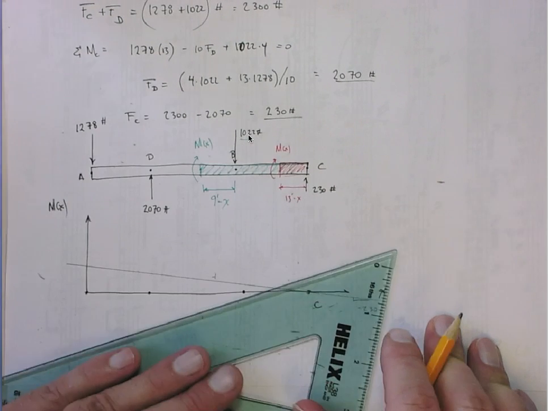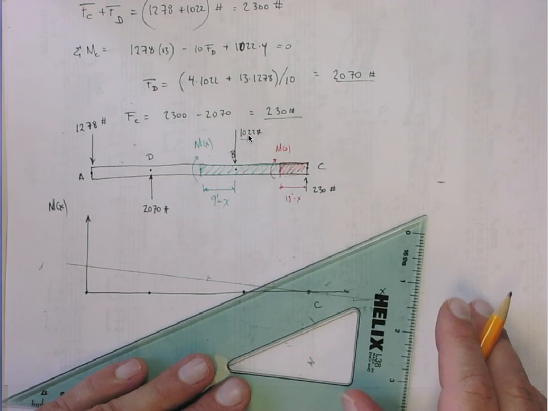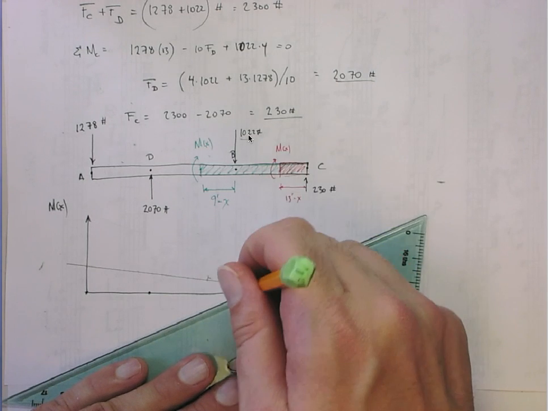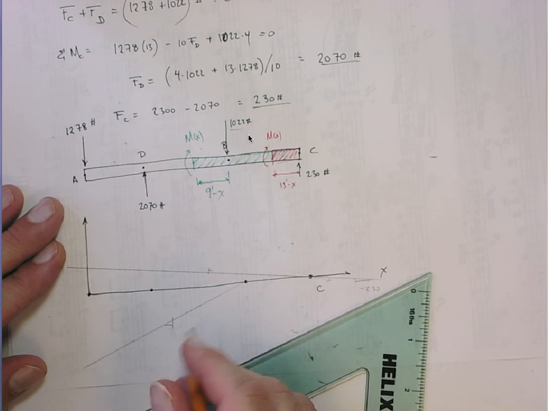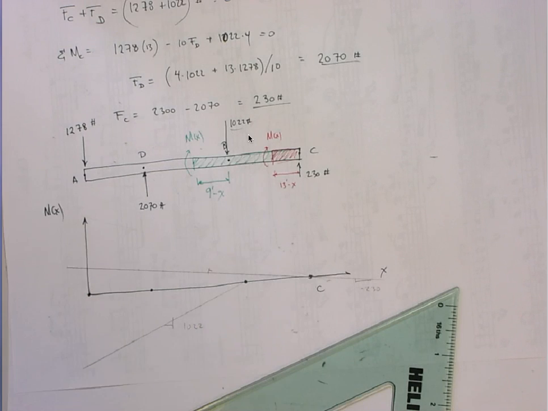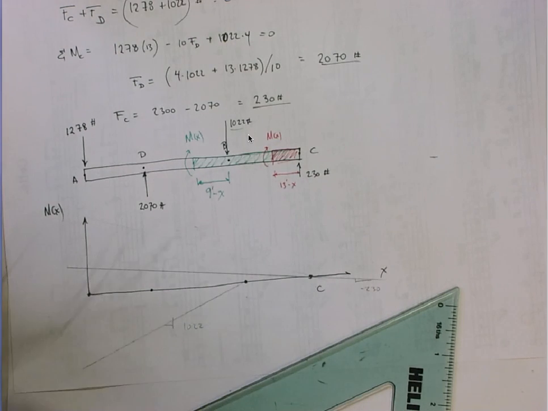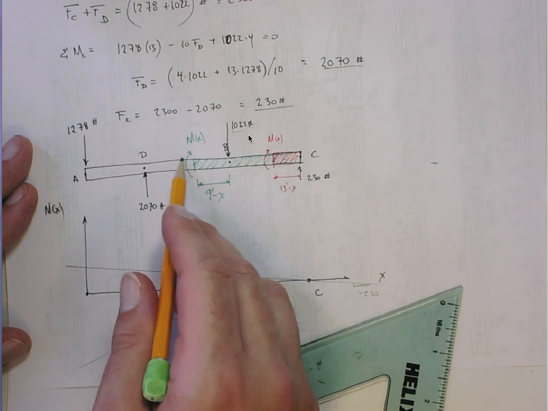All right. So added on to that, I'm going to get a slope here from this one. Starts at 0 here, goes that way. That's going to have a slope of 1022, right? And then at this point, we do the same argument. We move sections over here.